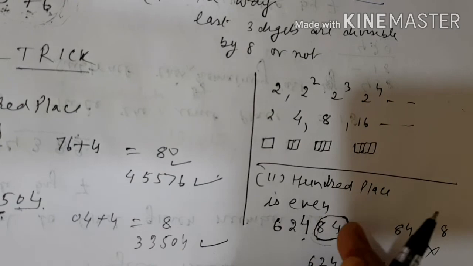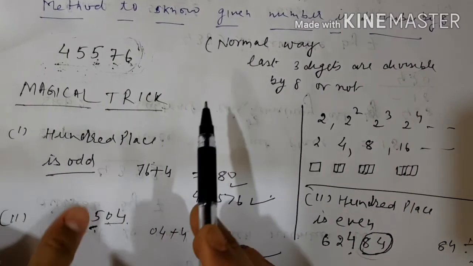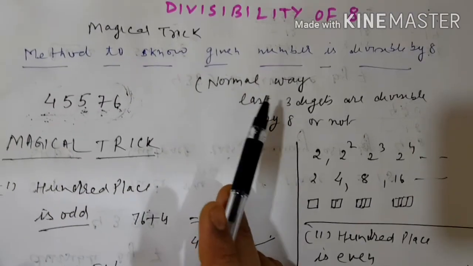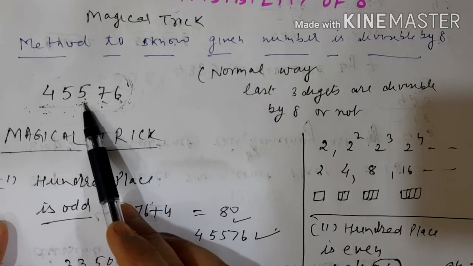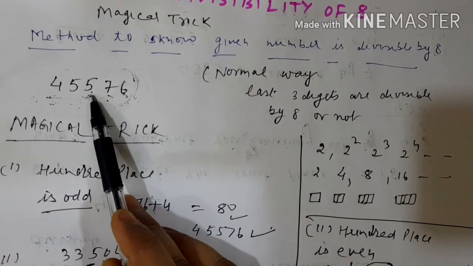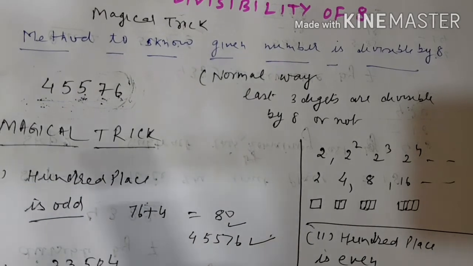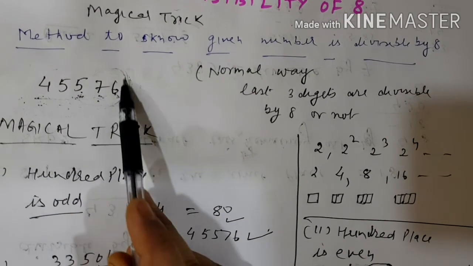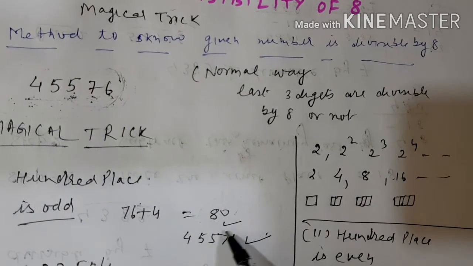Again, I am summing up the concept of divisibility of 8. The normal way is to check whether the last 3 digits are divisible by 8 or not. And the trick which I am explaining is this: you have to see the hundreds place. If it is odd, you have to add 4 to the remaining rightmost part. 76, you add 4, you get 80, and now you check whether 80 comes in the table of 8 or not.